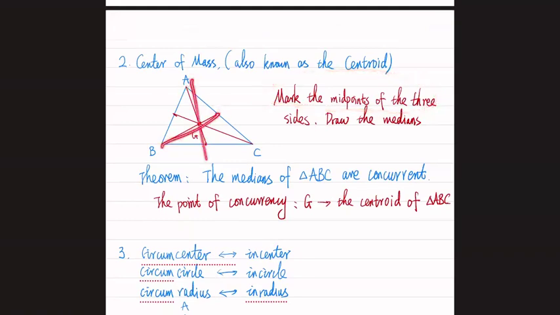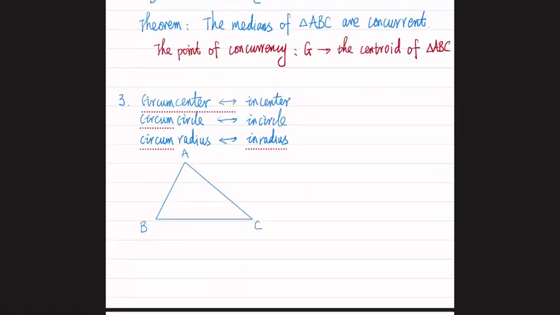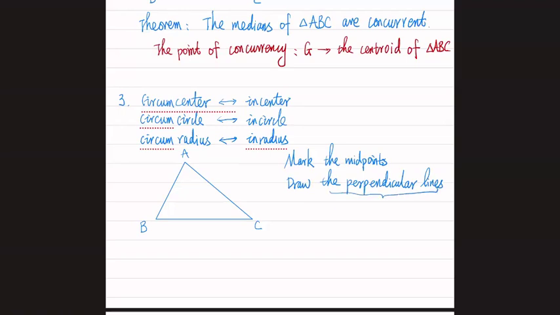This time, we mark the midpoints, and instead of connecting, we draw the perpendicular lines. So we call these lines the perpendicular bisectors.